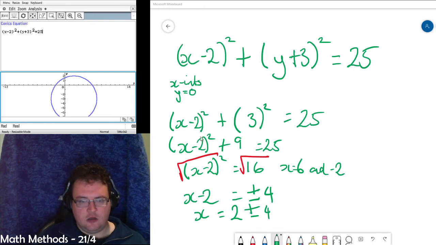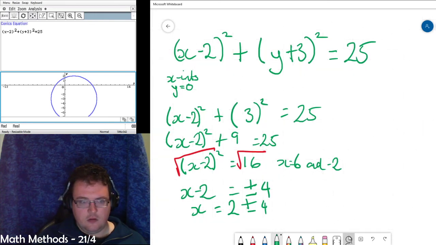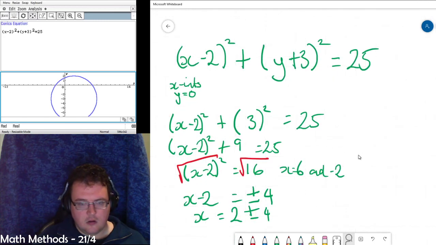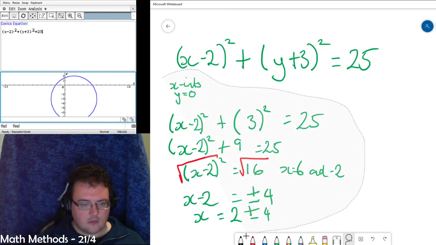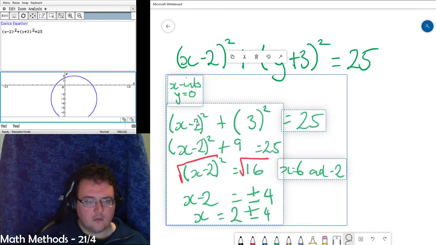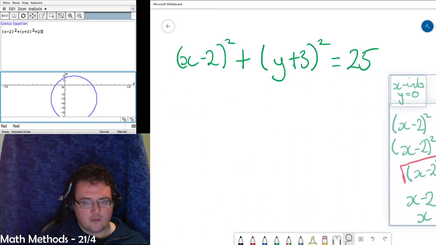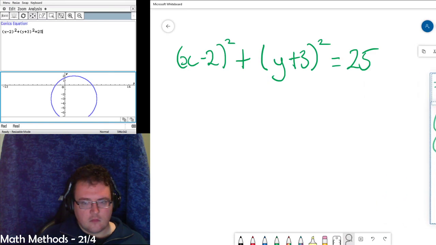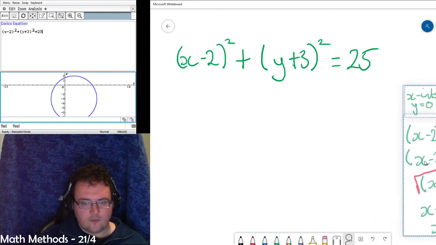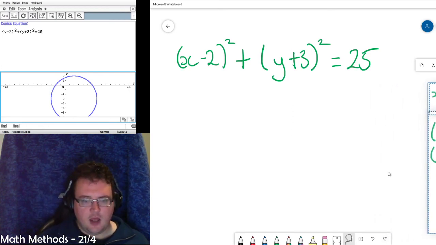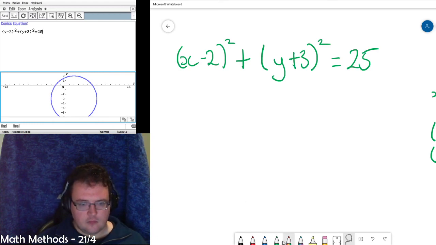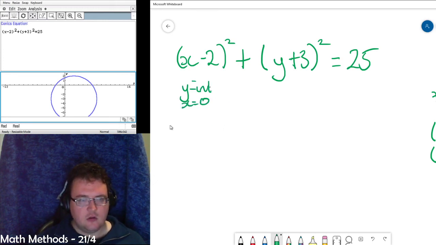So I'll just shove this over there for the time being, and now I need to make a start on my y-intercept. That's when x equals 0, so I need to substitute that in there.